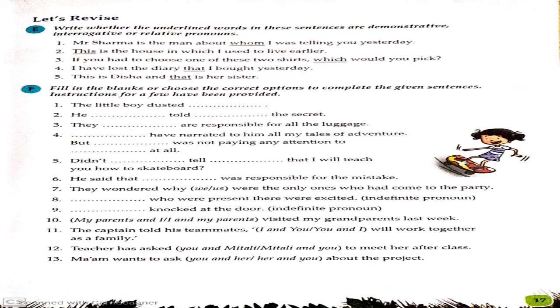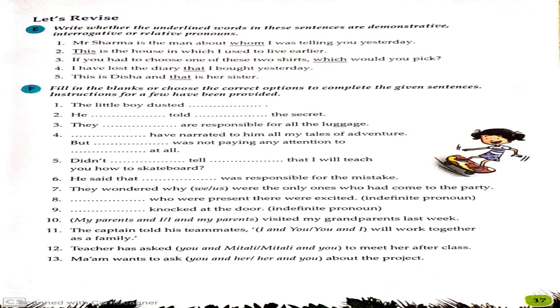This is the house in which I used to live earlier. Here also you can see they are trying to join two sentences. This is the house is one sentence, and which I used to live earlier refers to something mentioned earlier. Okay. So here "which" is a relative pronoun.